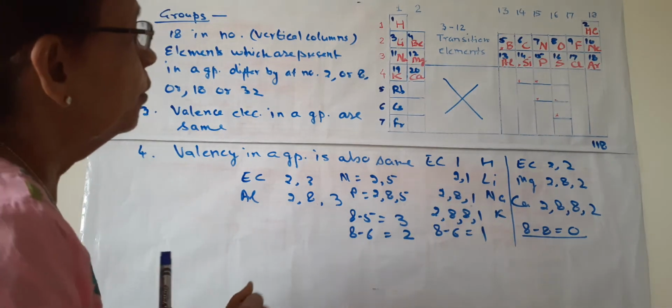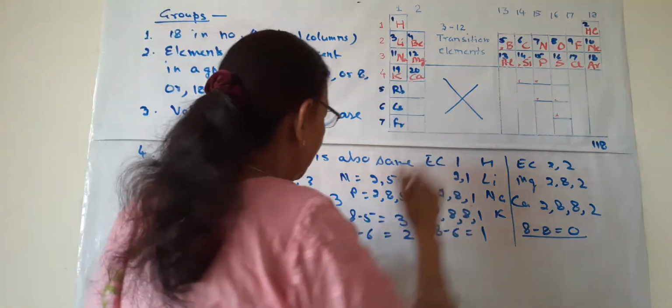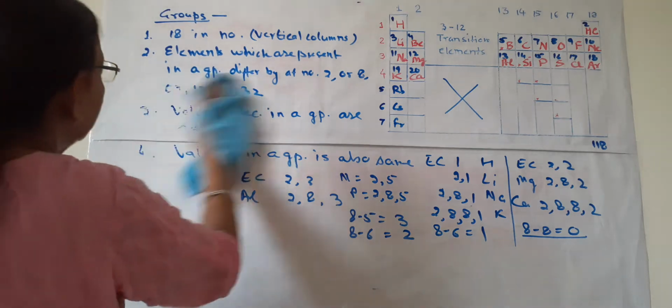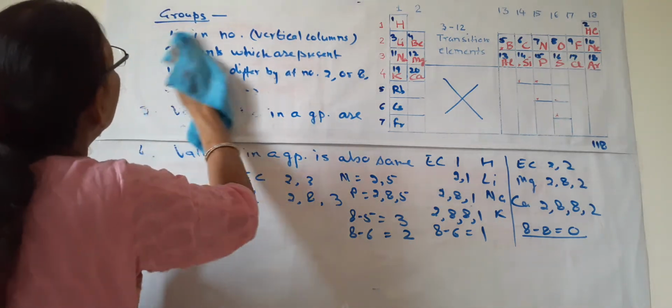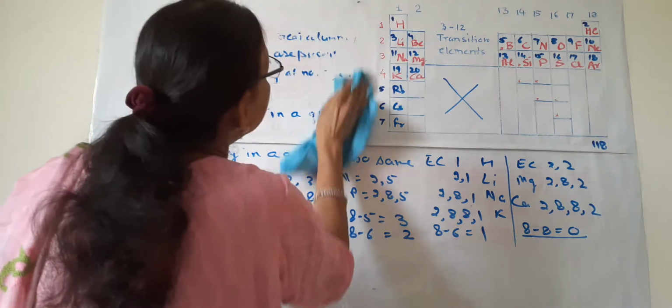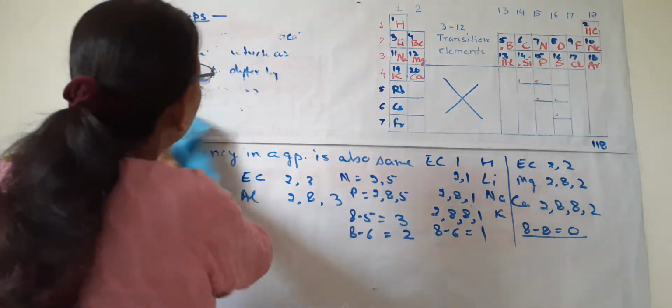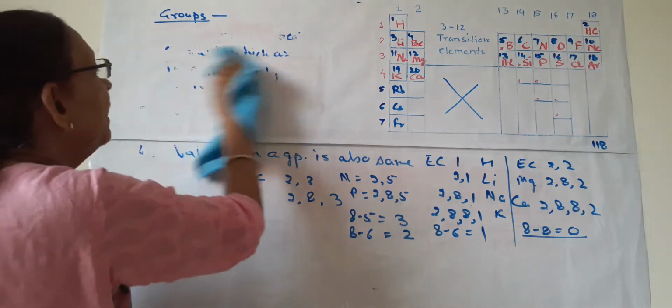Now one thing more about the groups, the fifth point, the atomic size. You know what atomic size is? The size of the atom.